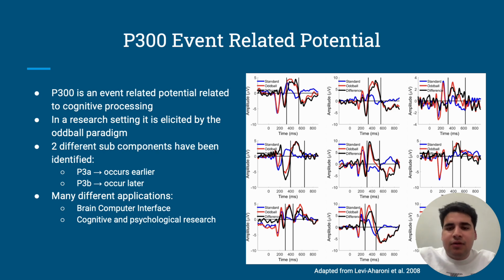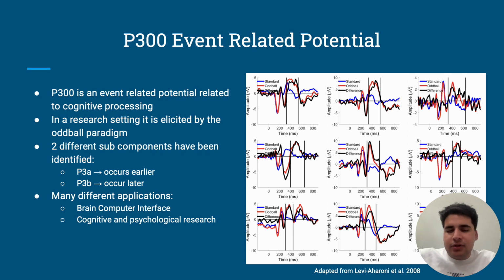And as you can see from the diagram, that's from 9 different participants, and each of them have their own unique fingerprint of P300 waves. And while the general shape and the timing is related to each other, everyone experiences it a little bit differently, and this is what makes it very interesting.